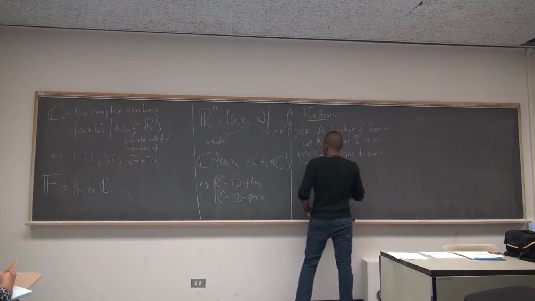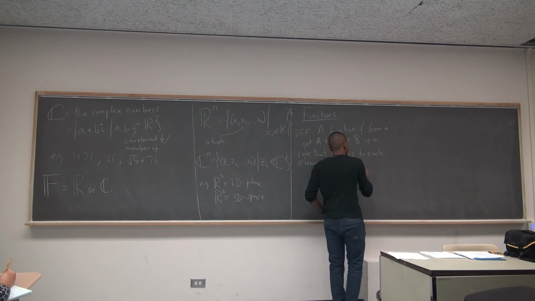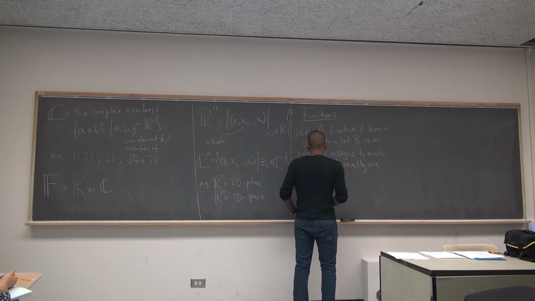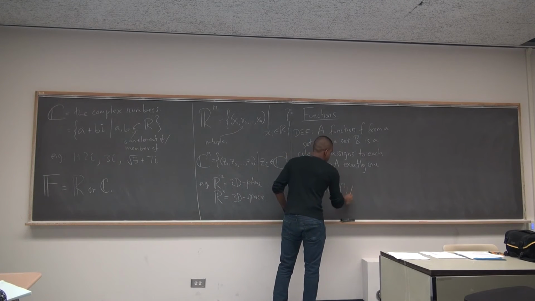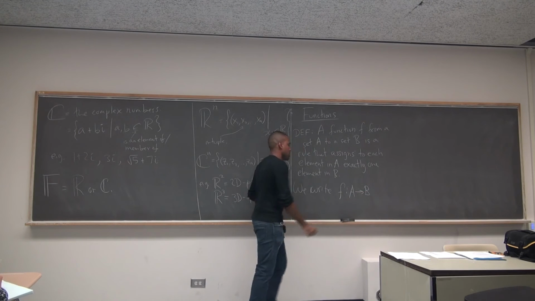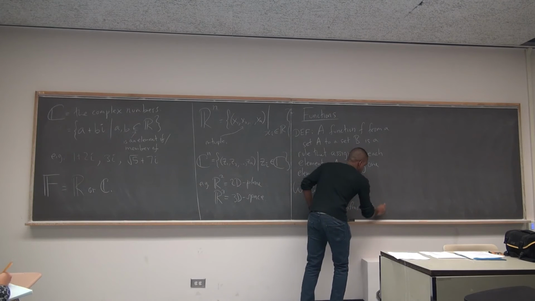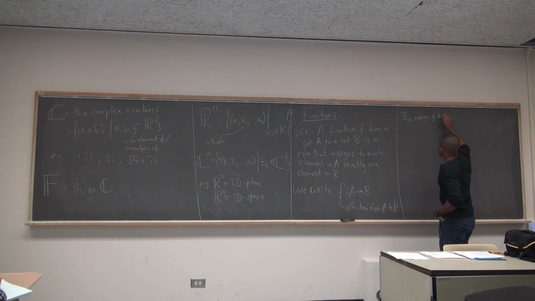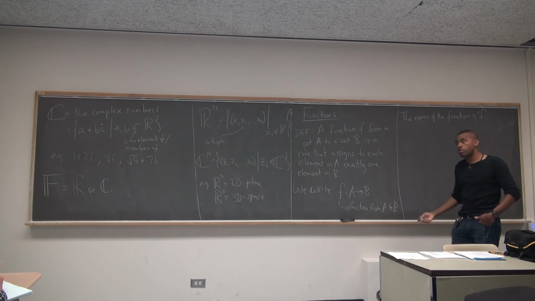Assigns to each element in A exactly one element in B. You'll see us write something like f: A → B. This is the function from A to B. The name of the function is the letter f. So f is the name of this function.